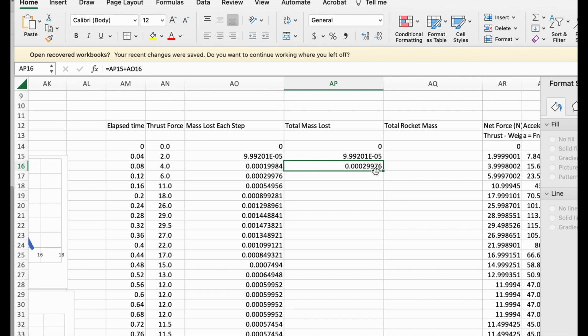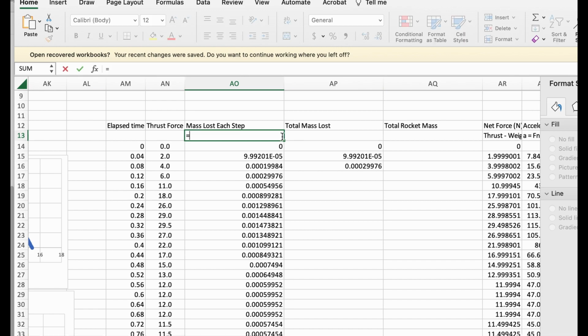And hopefully this is all going to add up to 0.025 lost. So the formulas I used were 0.025 times this ratio of F delta T divided by the 20.016. That's what I did there.